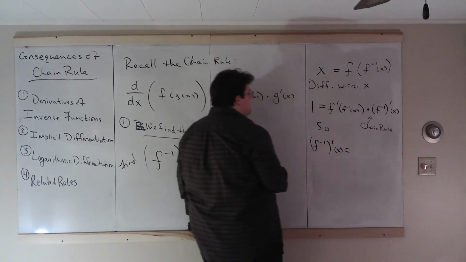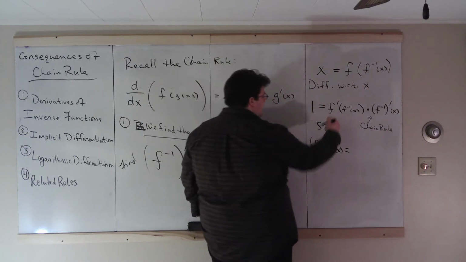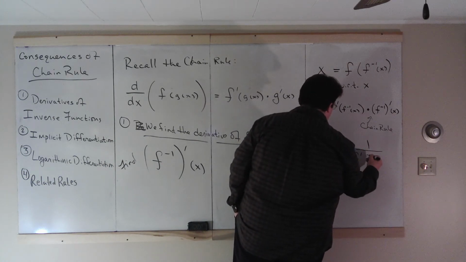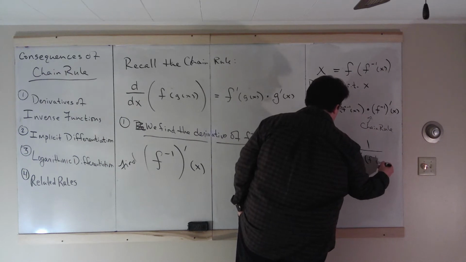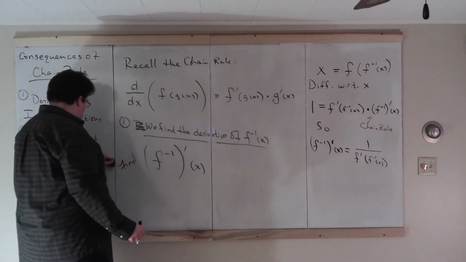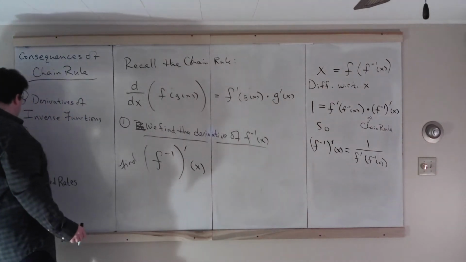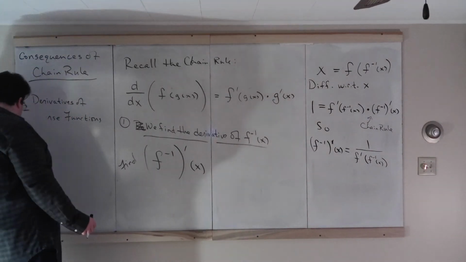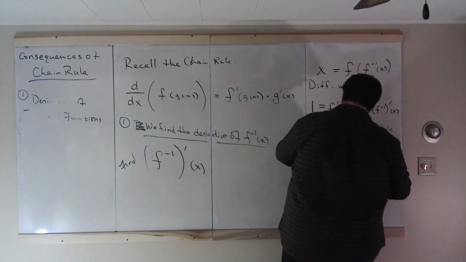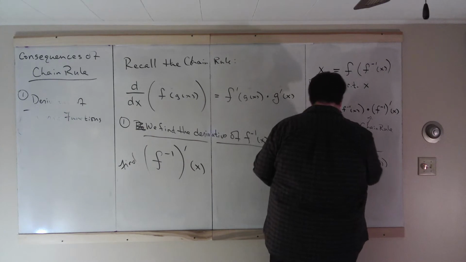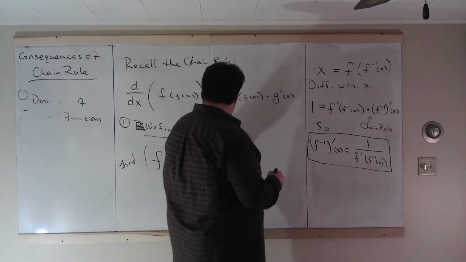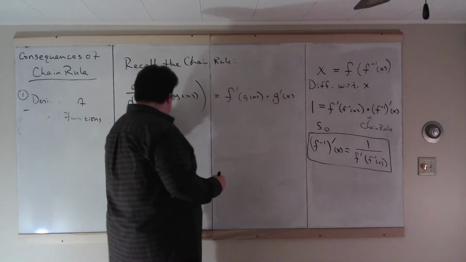So solve for that, divide by this piece, so you get f inverse prime is 1 over f prime of f inverse of x. So right here we have a formula that gives us the derivative of the inverse.